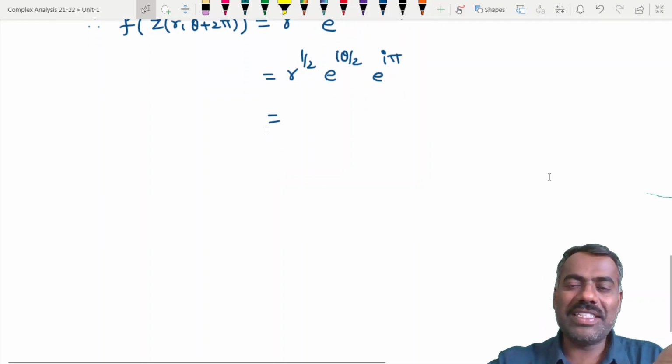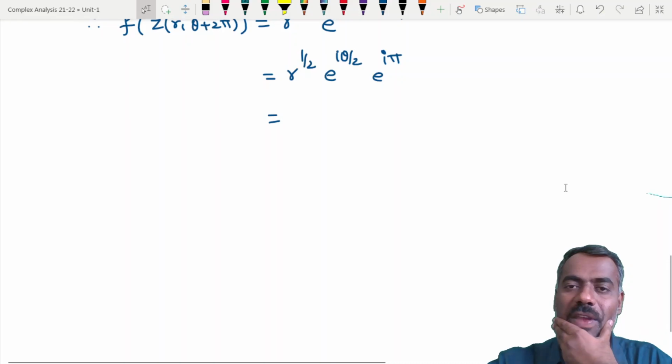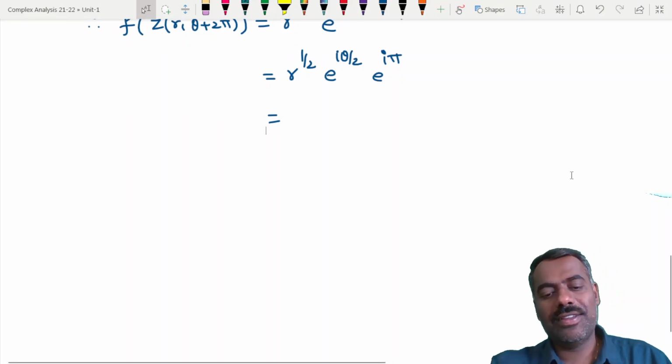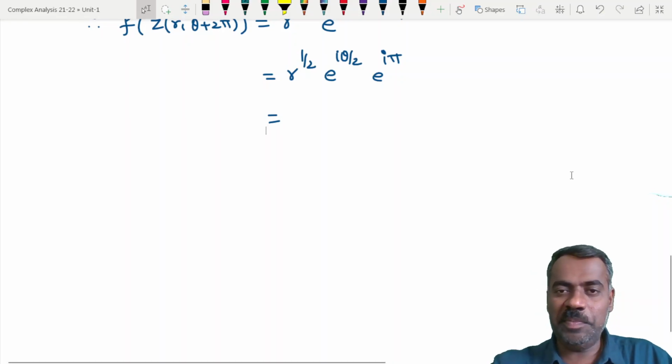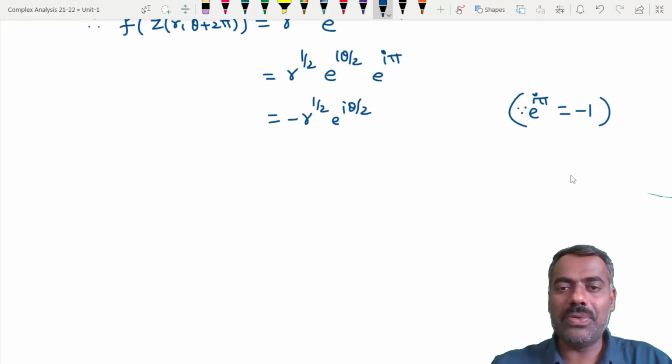We have discussed this. What is cos 180 degrees? Cos pi value and sin pi value. It is minus 1. So therefore e power i pi value is minus 1. So therefore this will become minus r power 1 by 2 e power i theta by 2.